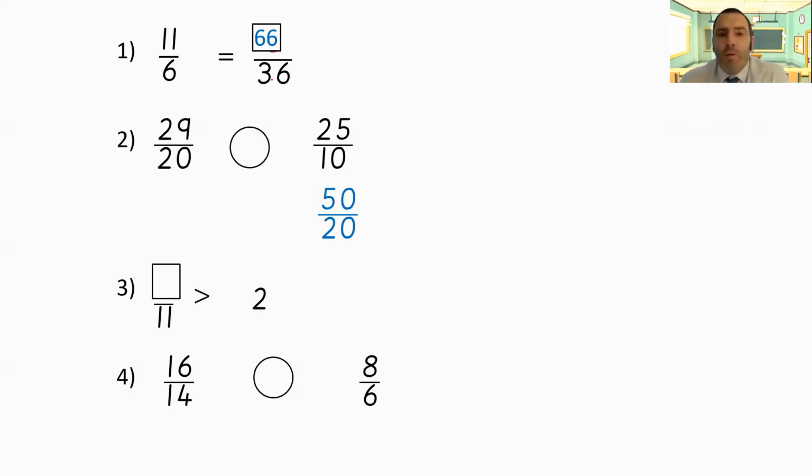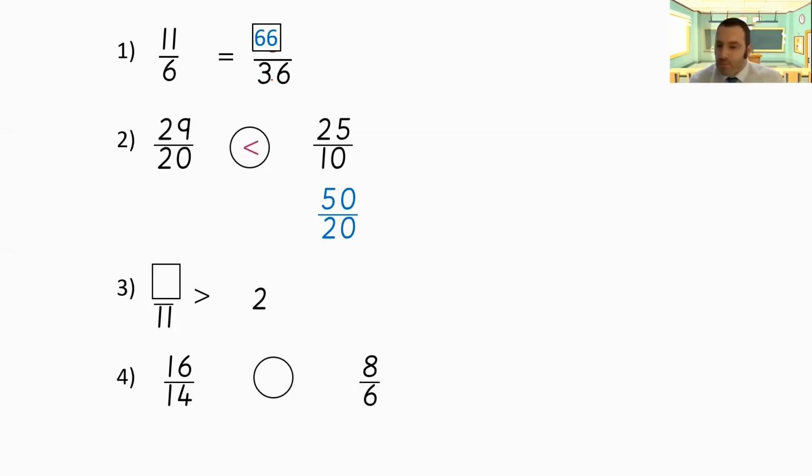So I've multiplied it all by 2. And now I need to remember, when the new denominators are the same, the greater the numerator, the greater the value of the fraction. And I can see there 50 over 20 is greater than 29 over 20. So 29/20 is less than 25/10.